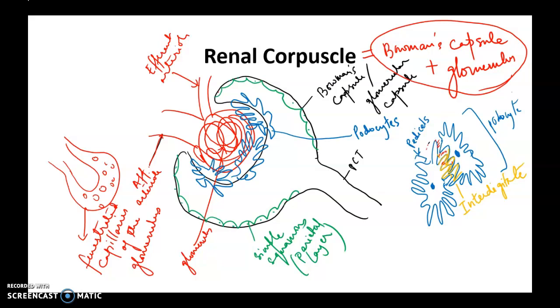We do know that the glomerulus has fenestrated capillaries, meaning these capillaries have pores through which larger materials can pass out. The visceral layer of the Bowman's capsule is made up of special cells called podocytes, which interdigitate by the pedicels, and together the porous capillary of the glomerulus and the interdigitated podocytes form something called the filtration membrane. What is it called? Filtration membrane.